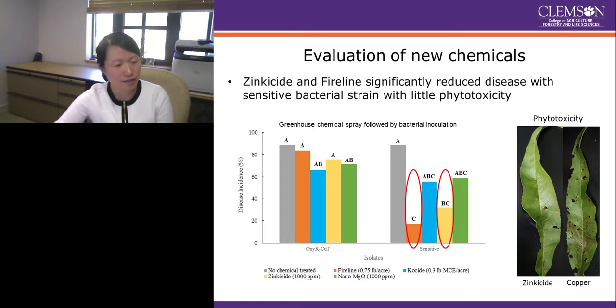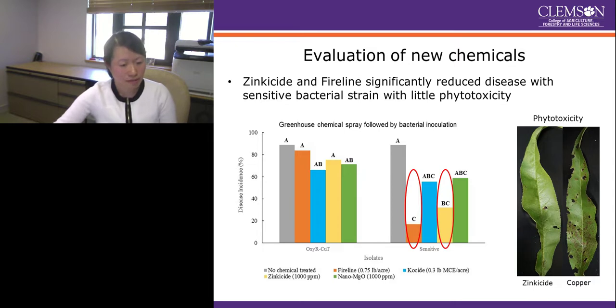In fact, none of the chemicals was able to control our oxytetracycline resistant and copper tolerant bacteria in our greenhouse. And in addition to zincicide, Fireline was the only chemical that was able to significantly reduce disease from the sensitive bacteria.